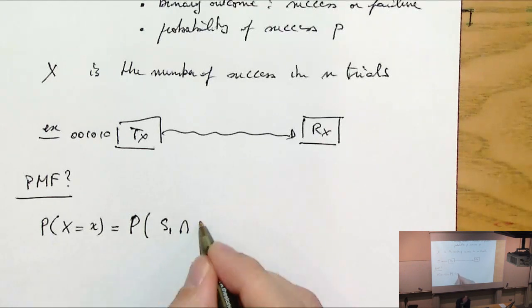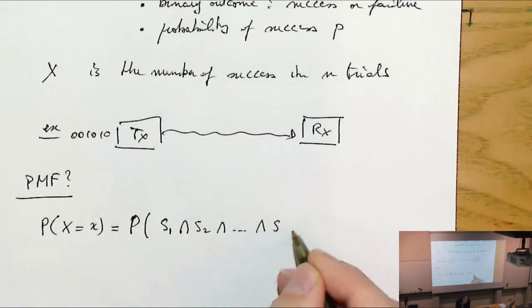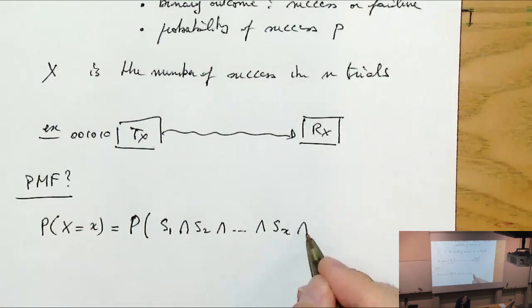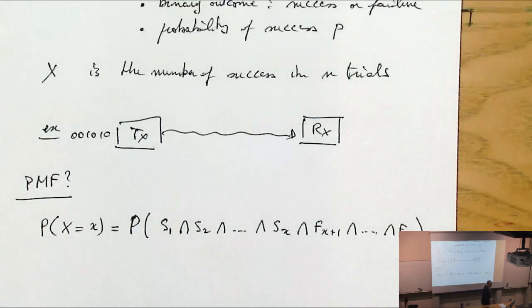And I can have success at trial 2, and all the way to trial X. But I'm looking at exactly X successes. So the remaining trials need to be failures: failure at X plus 1 all the way to failure at n. That's one event where I have exactly X successes. Is that the only one?